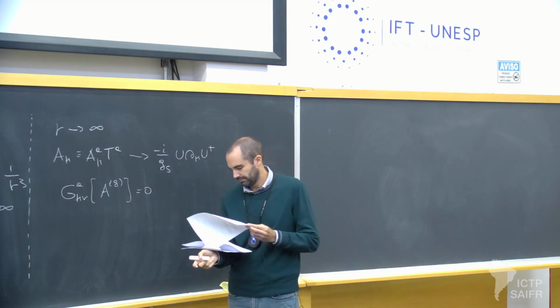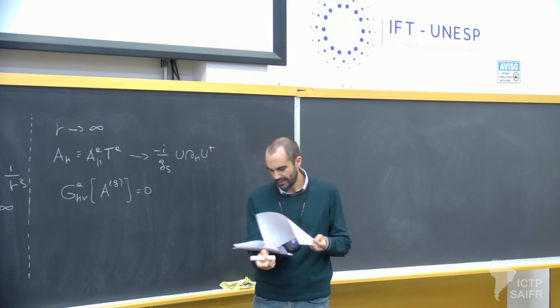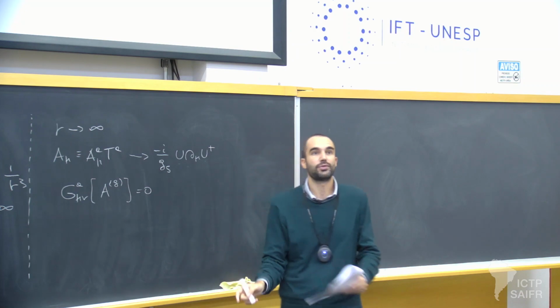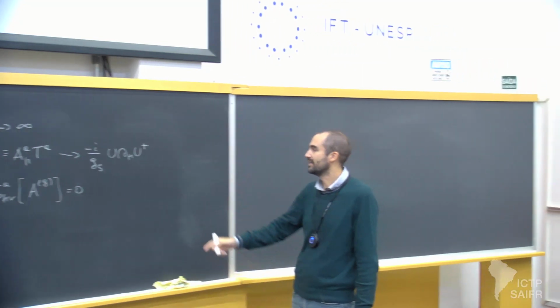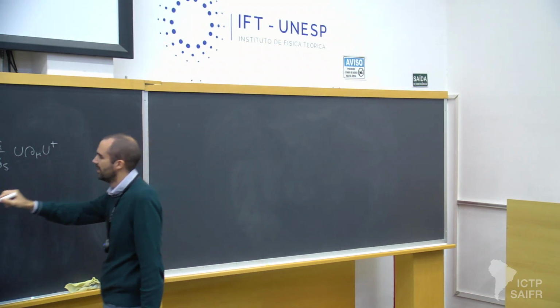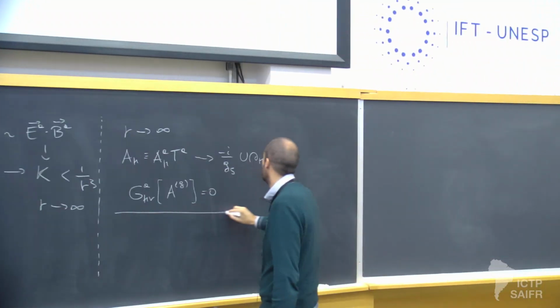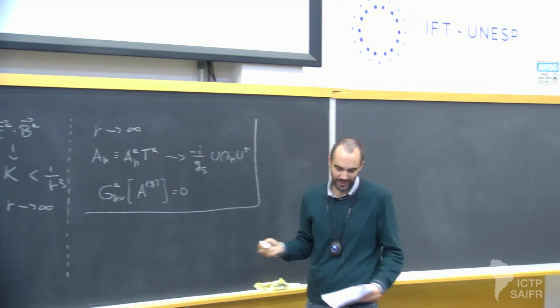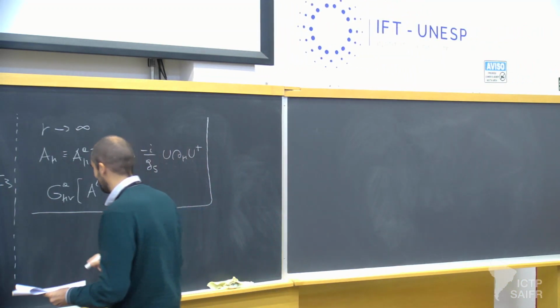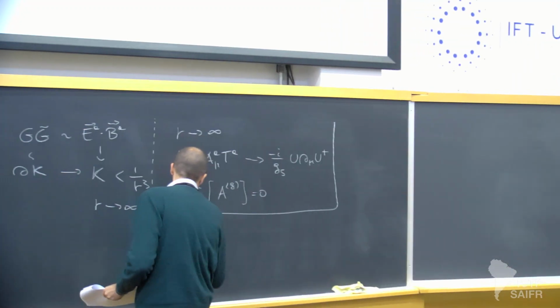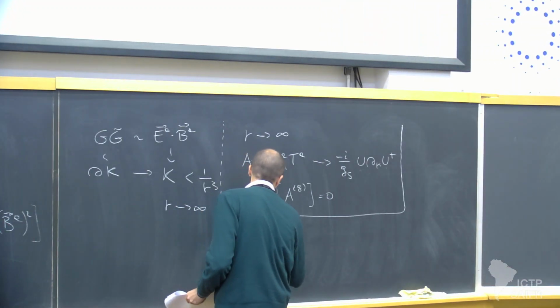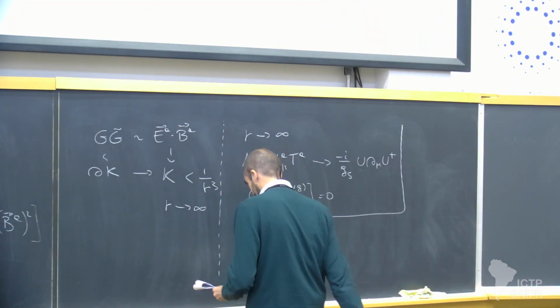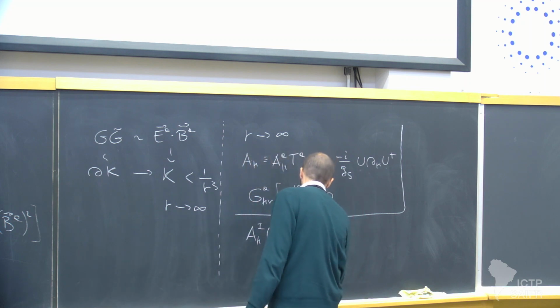So at this point, we could just look for a solution of the equation of motion that has this property. And if we are as smart as 't Hooft, we might even find it. One example is if the gauge field looks like this.